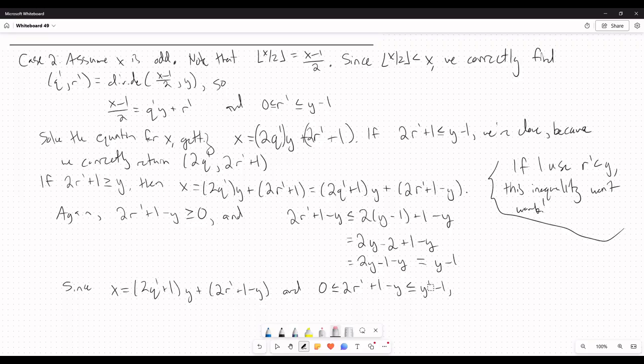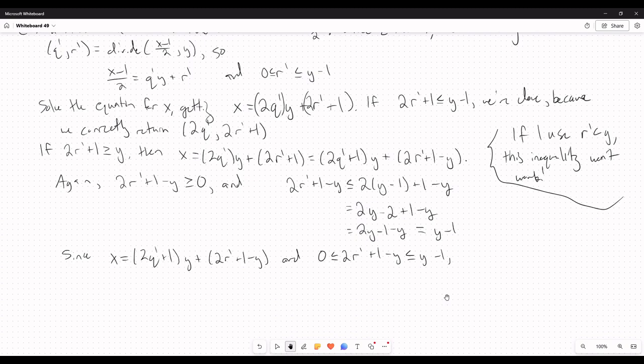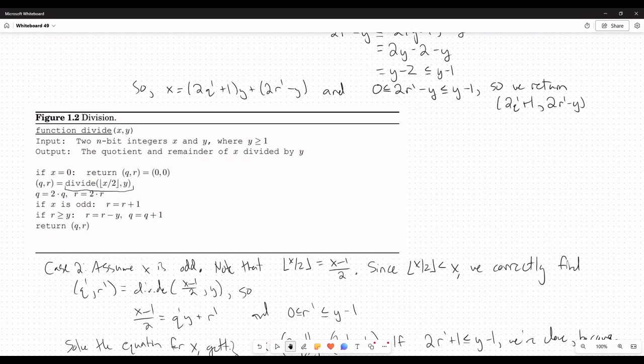That's not a y prime, that is just a y. We correctly return 2q prime plus 1, 2r prime plus 1 minus y, and for good measure, let's just make sure that's what the algorithm actually does.